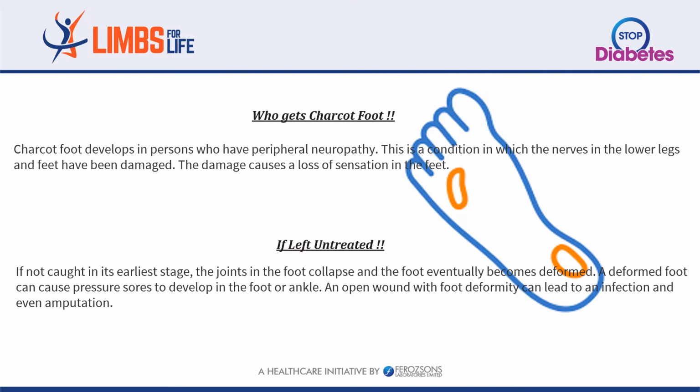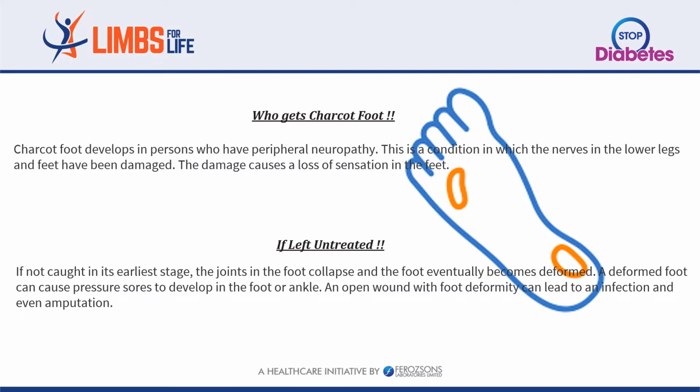And who gets Charcot? Charcot foot develops in persons who have peripheral neuropathy. This is the condition where nerves in the lower leg and feet have been damaged due to uncontrolled diabetes mellitus. The damage causes a loss of sensation in the feet. If left untreated, what will happen?